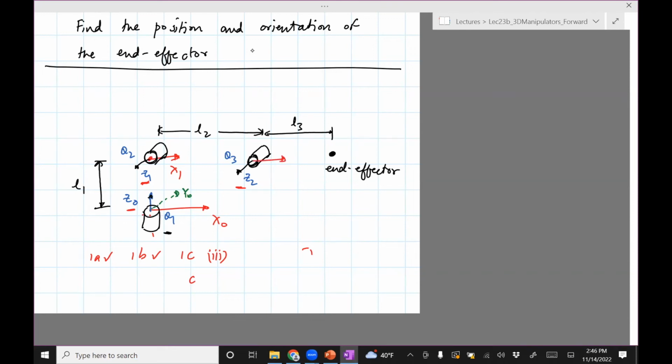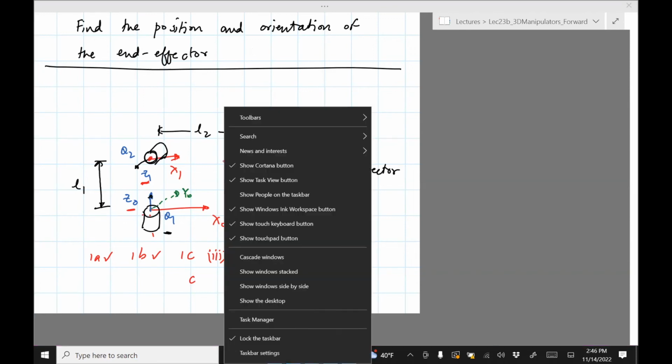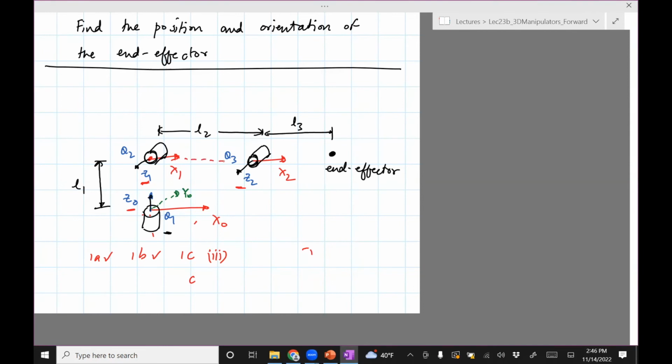And so if you choose x2 to be this way, then it passes through the origin of the previous joint, makes it easier for the DH table. So that was number 2 for link 1, link 2, or link 0, or joint 0, and put joint 0, joint 1.